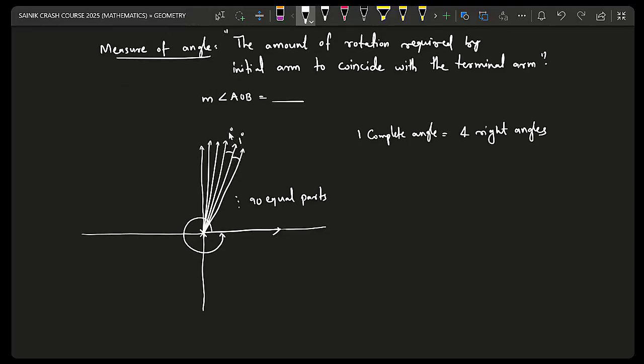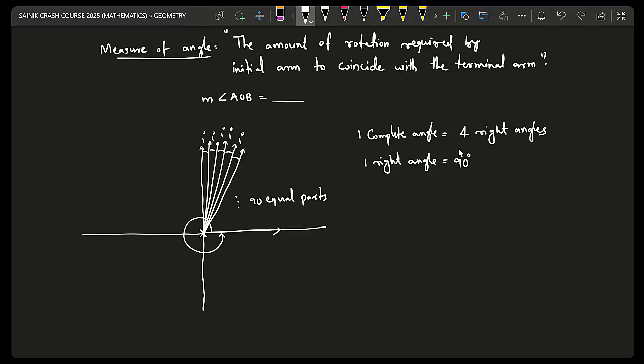This is 1 degree, this is 1 degree, this is 1 degree. Like that, in one right angle, we have 90 degrees. Degrees we denote with a small zero-like symbol, but it is not 90 power 0. In geometry angle measurement, we call it degree. 90 degrees. So one right angle is equal to 90 degrees. If you know what a right angle is, then we can discuss the types of angles.